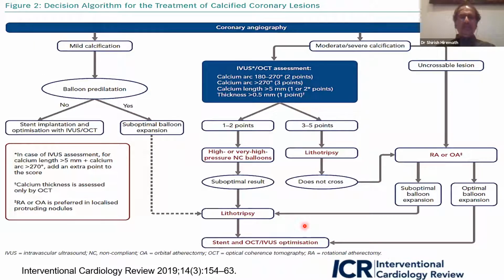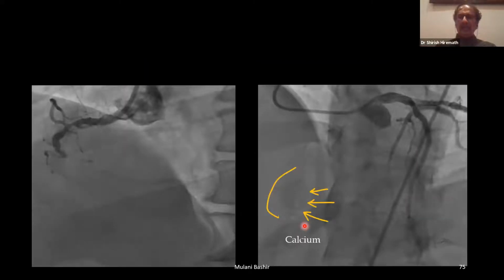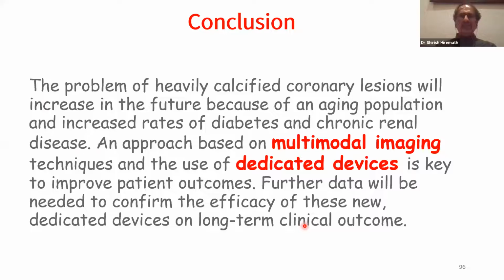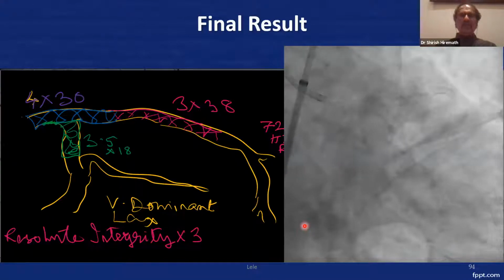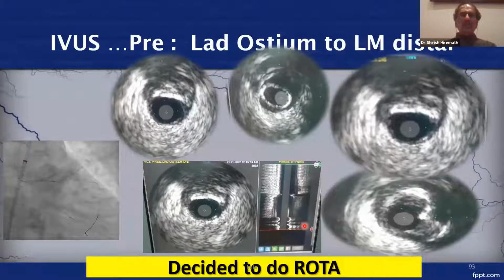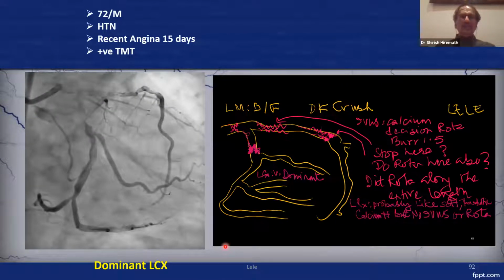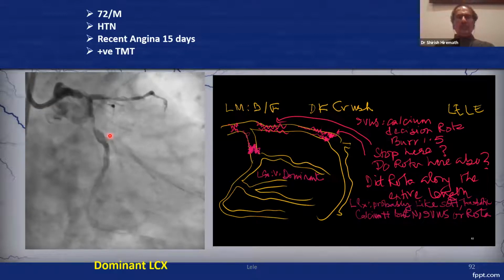I don't think we have time to get into details, but let me come to an end because I think I have overstayed the invitation. So this was actually a multi-vessel coronary artery disease in a diabetic patient, 72 years with visible calcification.